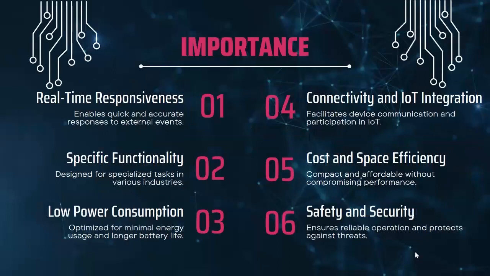So what is the importance? As I told you, the first thing is real-time responsiveness. There must be reliability of responsiveness. If the first time it responds in 1 second, every time it should respond in 1 second. It should be solving some specific task.